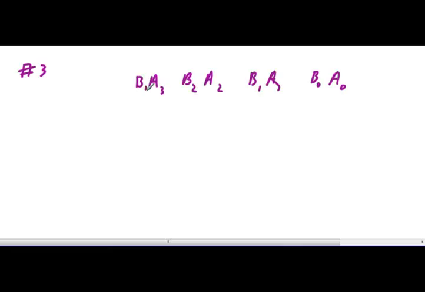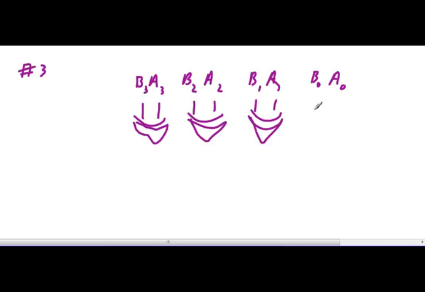It doesn't really matter. And it says I want to take exclusive ORs. All right, so I'm going to take an exclusive OR for each pair.